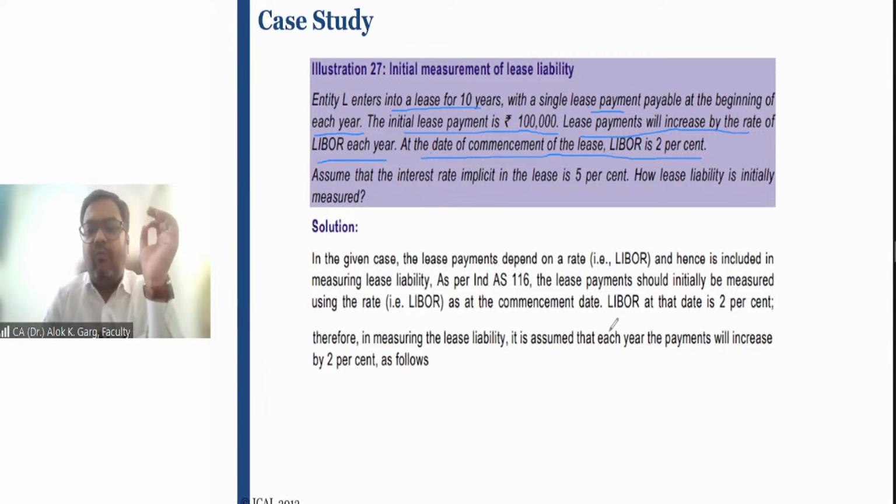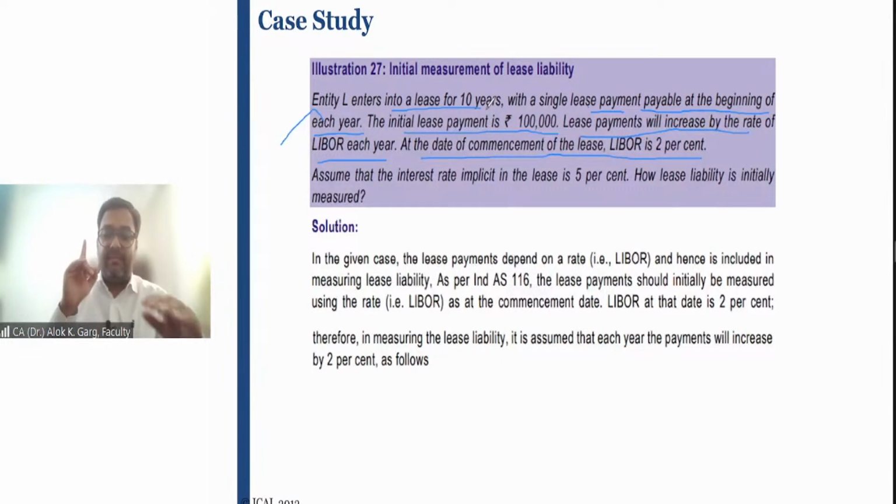So first of all, while reading any question on Ind AS 116, please look at the timing of the lease payments. In this question, it says a single lease payment payable at the beginning of each year.